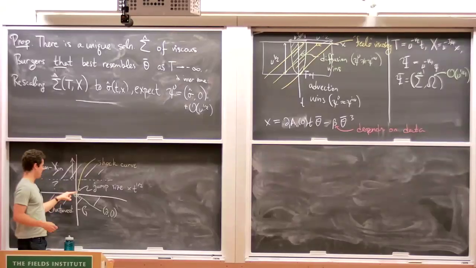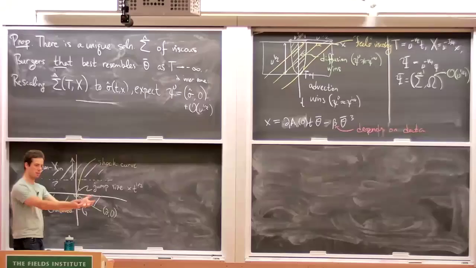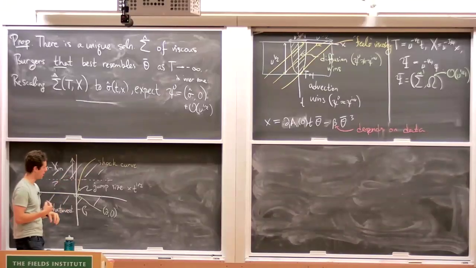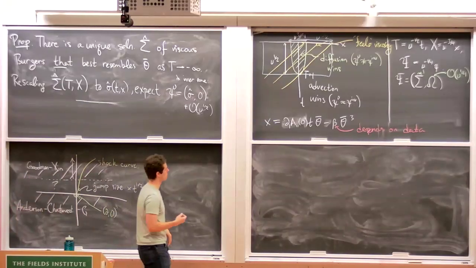So if you're sufficiently close to the origin, but with positive time, you should still expect to reasonably approximate your Euler system by Burgers again, because your jump is only occupying a small region of space-time, and you can linearize Euler there and extract a Burgers model.